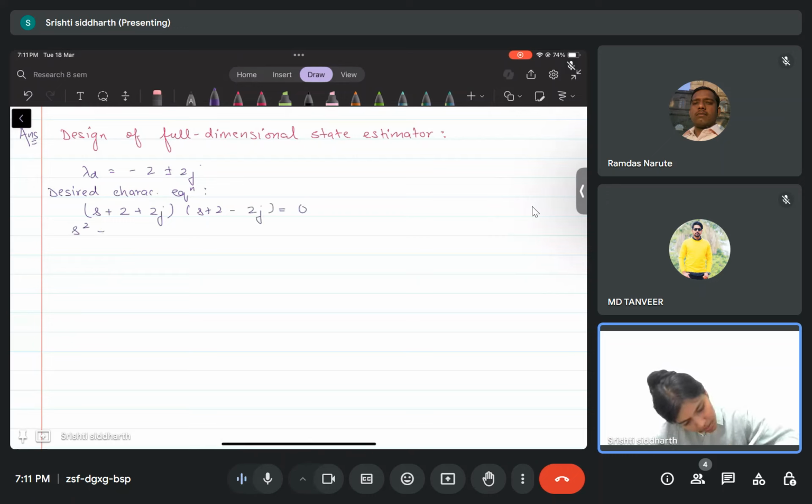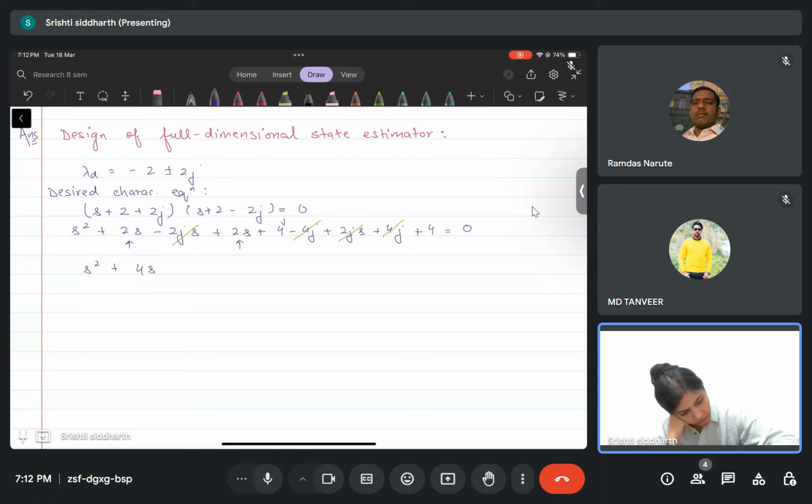This is simply S squared plus 2S, then we have 2S plus 4, then 2jS plus 4j, minus 4j squared. This goes away and this also. Okay, so we have S squared plus 4S plus 8 equals 0.